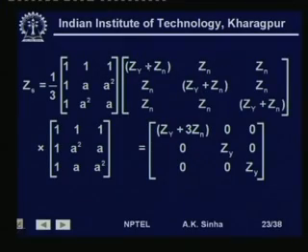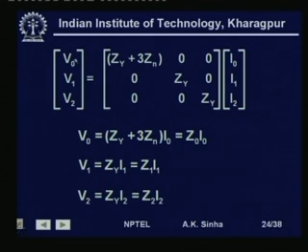Here, phase A and B have a coupling of Zn, phase A and C have a coupling of Zn, that is ZAC is equal to Zn, ZAB is equal to Zn, and the same way for other terms, whereas here there is no coupling, and terms like Z10 or Z02 or Z12 are not there at all. That is, a balanced 3 phase network is now transformed into 3 independent sets of networks, which is much simpler.